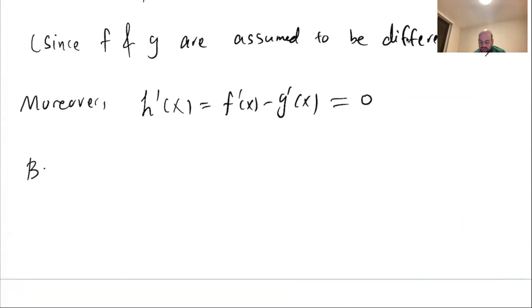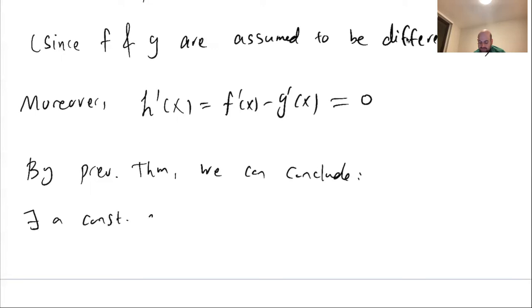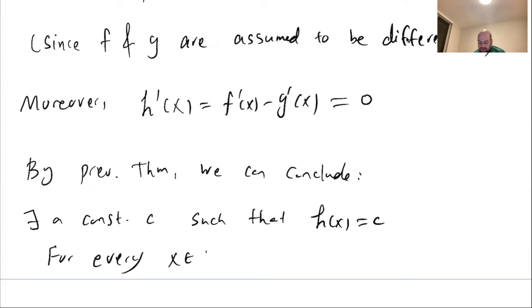So by the previous theorem, we can conclude that there exists a constant c such that h of x is equal to c for every x between a to b.